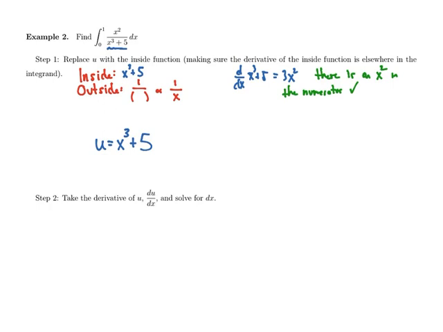There are a few things that we know are going to happen in this problem. We know that we are going to divide by the derivative of the inside function. At some point, we're going to divide by 3x squared. That's going to happen in step 2.